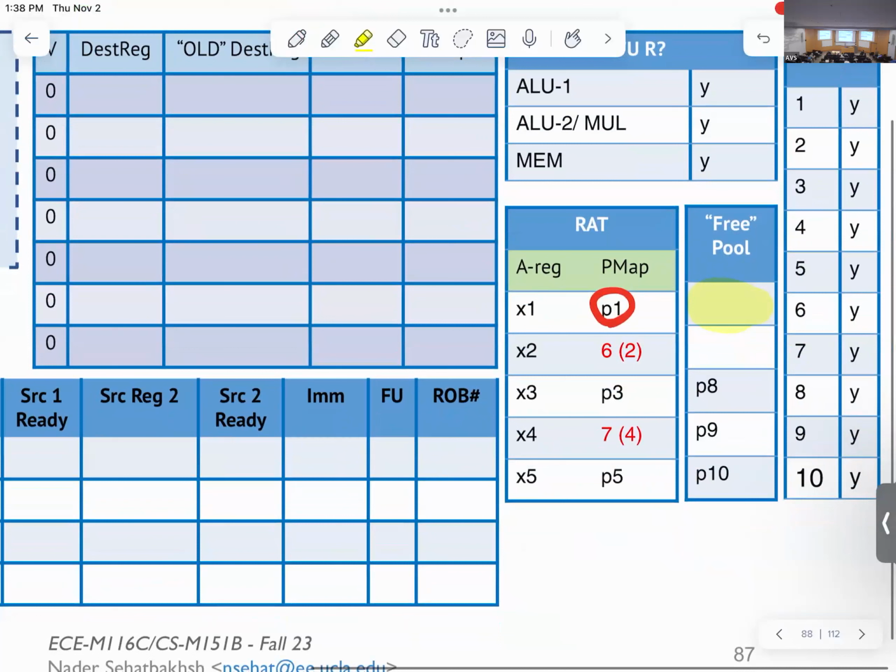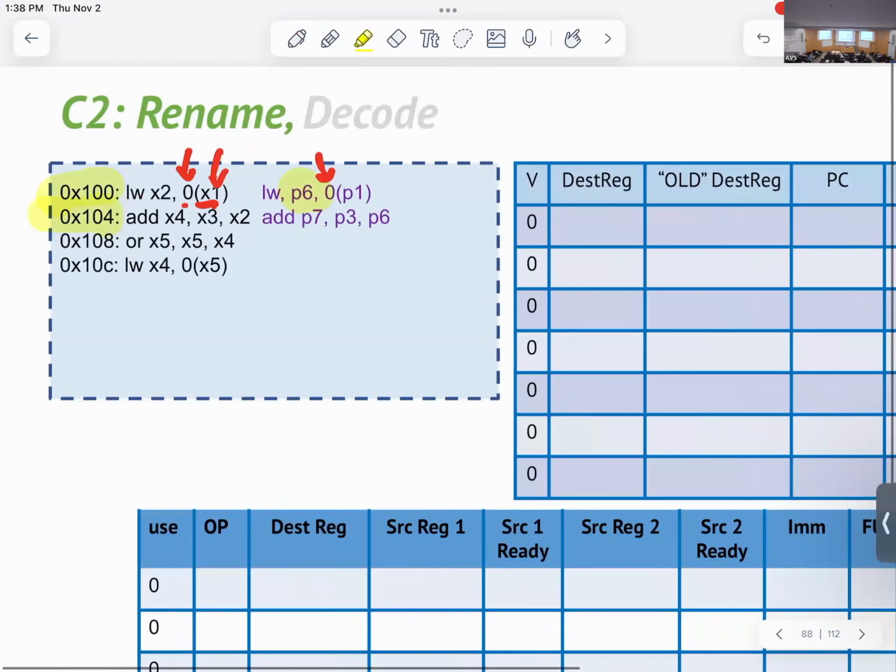And I'm also going to remember the older register number 2 in this RAT table as well. So 6 and 2. And then since this is a 2 issue, I'm going to do 2 things at the same time. So I'm going to also rename the second instruction here. And again, the second instruction happens before this first instruction. As a result, this should happen after this.